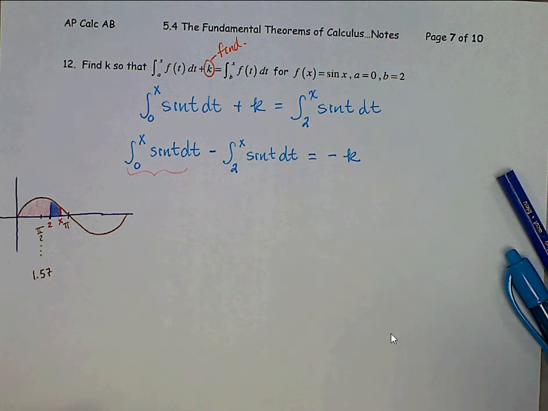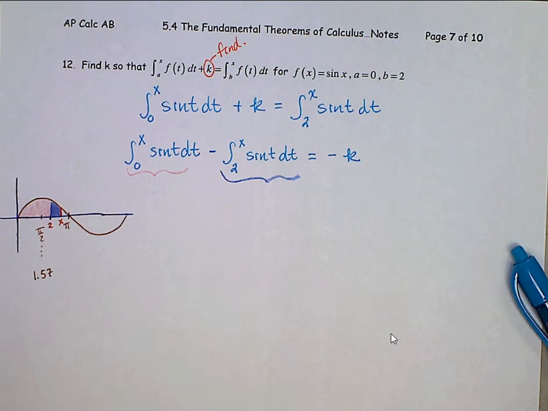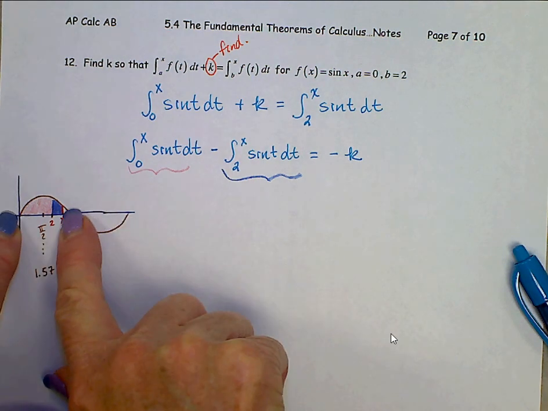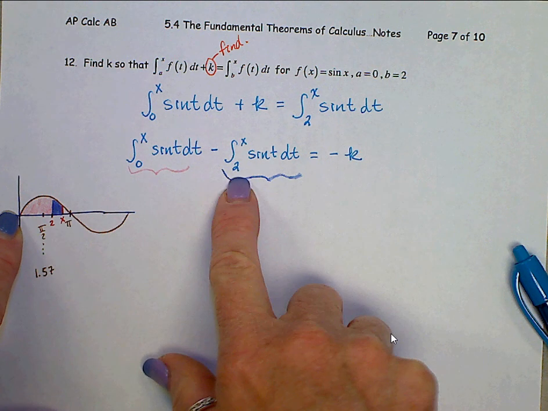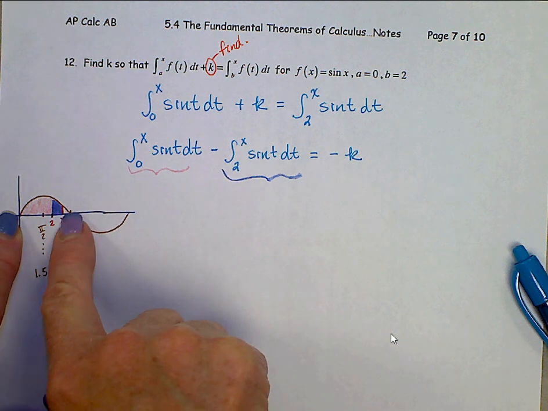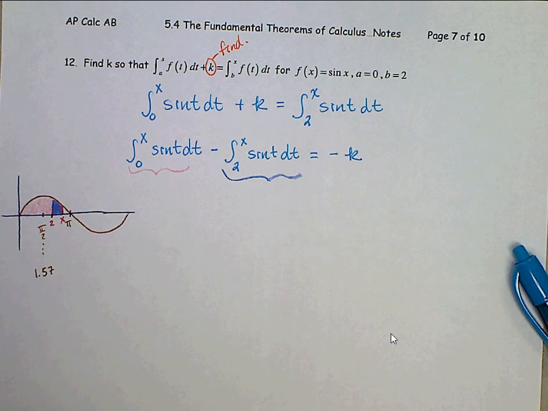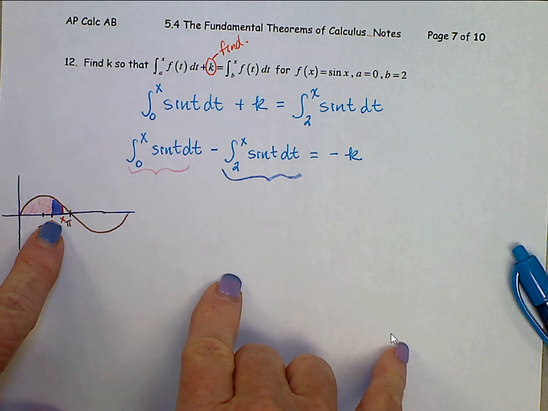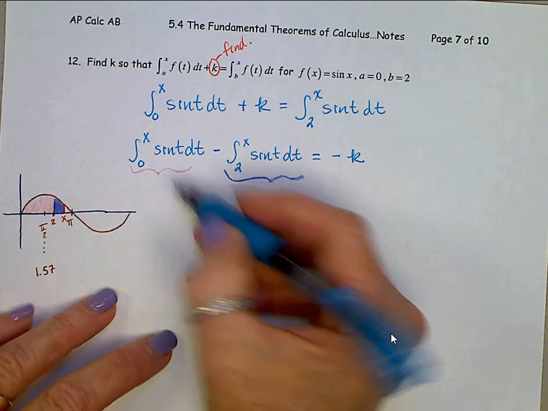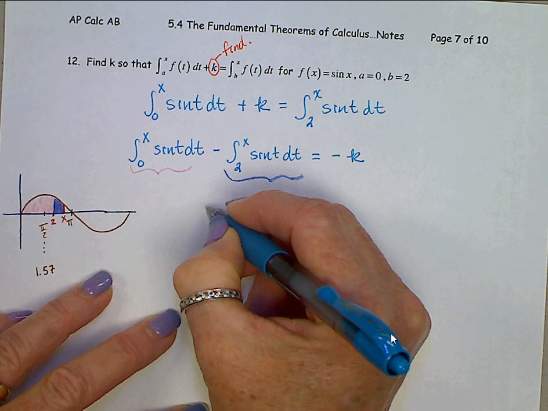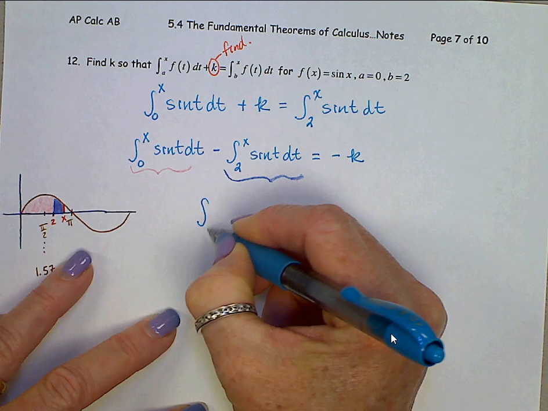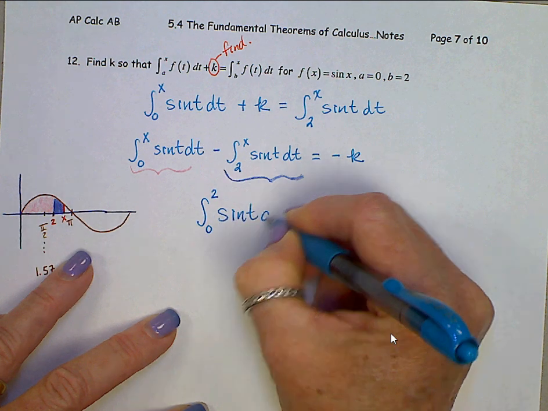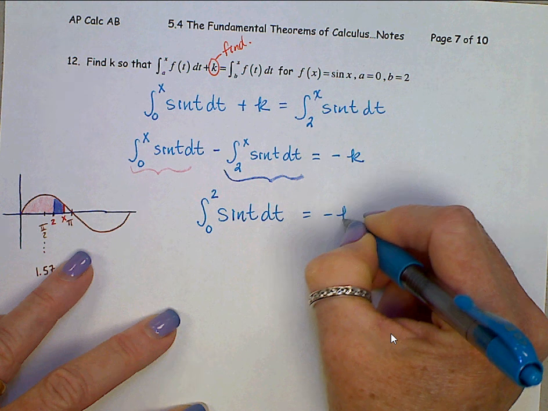So looking at this, this says the area from 0 to x, all that original red shaded stuff, minus the area from 2 to x. Oh, isn't that just the area from 0 to 2? Yes. So we can stick these two back together and say that this is the integral from 0 to 2 of sine t dt equals negative k.